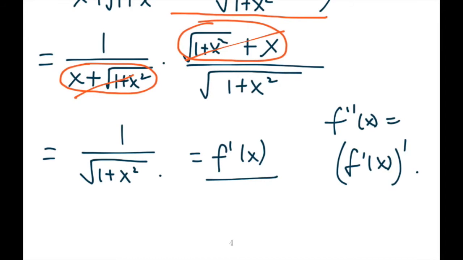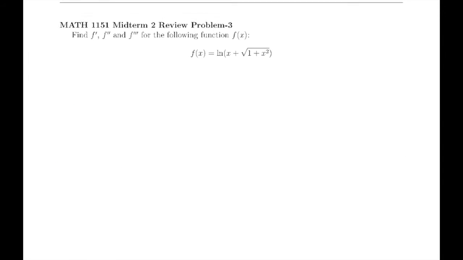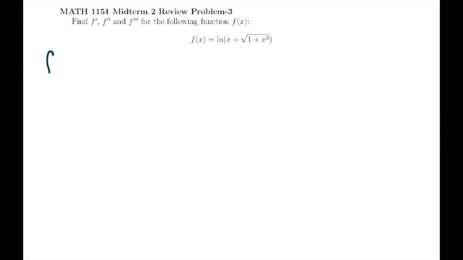Okay, so we're going to the next page to find f double prime, that is the derivative of f prime, and we know f prime is equal to 1 over square root of 1 plus x squared. Okay, so for simplicity, we are going to use the quotient rule to do this problem.